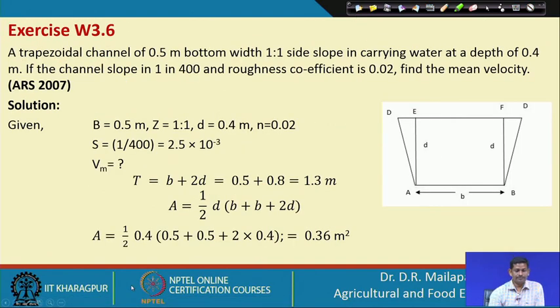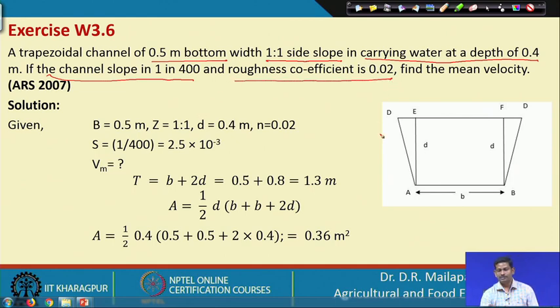Okay. So, this is another example, a trapezoidal channel of 0.5 meter bottom width and 1:1 side slope, carrying water at a depth of 0.4 meter. The channel slope is 1 in 400 and the roughness coefficient is 0.02. Find the mean velocity.